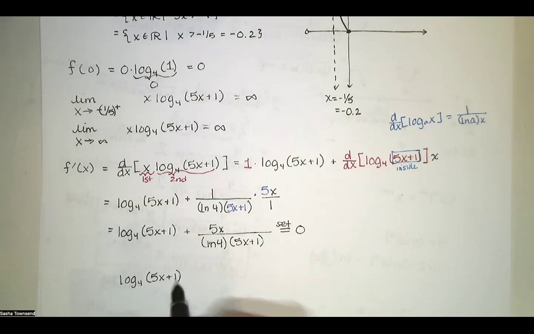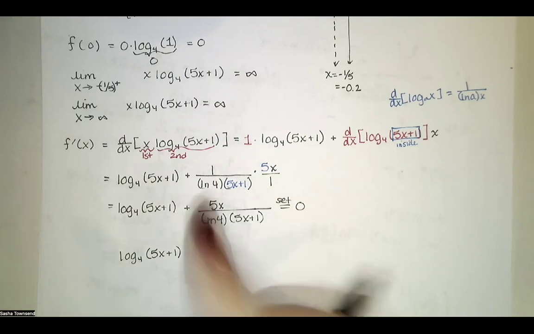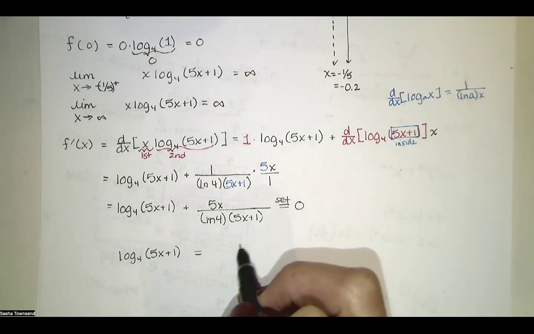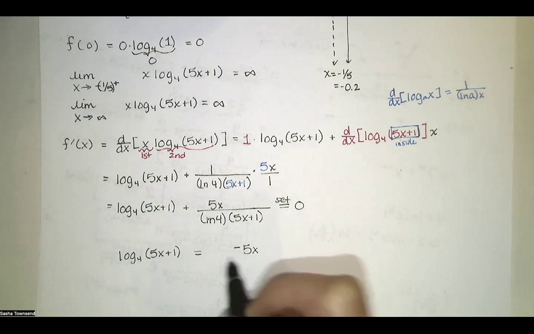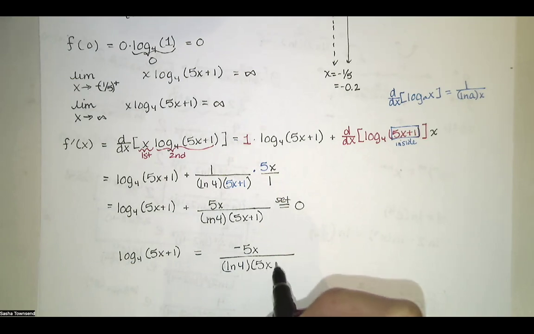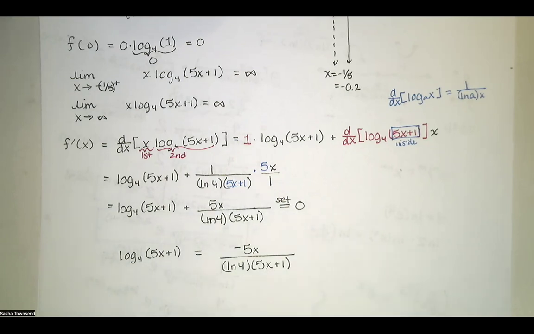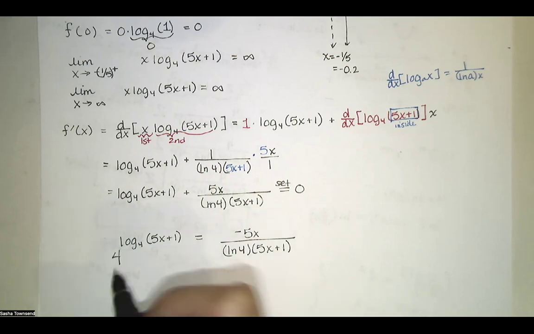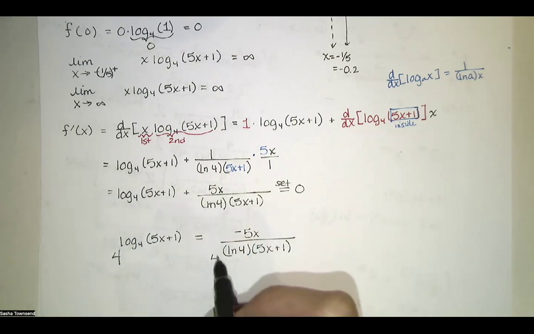Well, in order to do that, I'm going to subtract this term from both sides. So my log base 4 of x is negative 5x divided by natural log of 4 times 5x plus 1. And I need to get rid of that log base 4 on this side. So I might exponentiate. Oh my goodness. So 4 to this power equals 4 to that power.